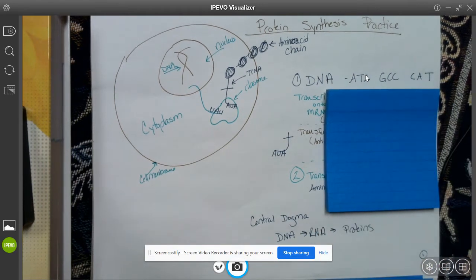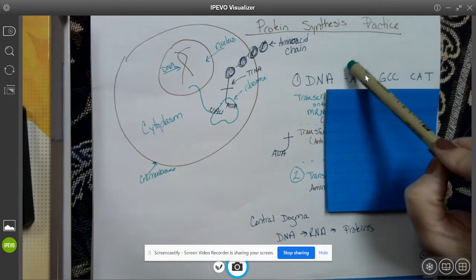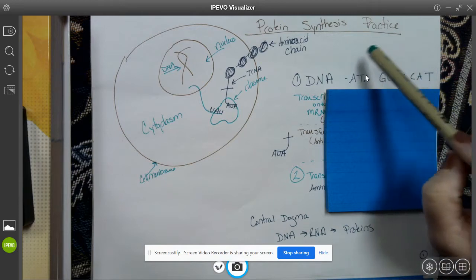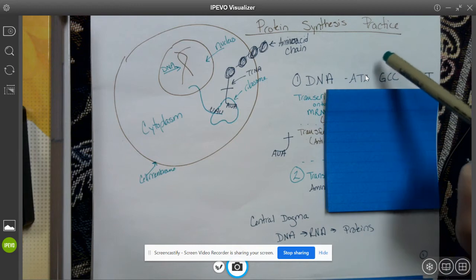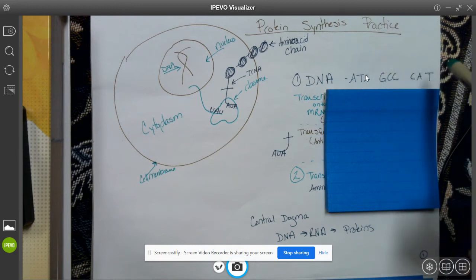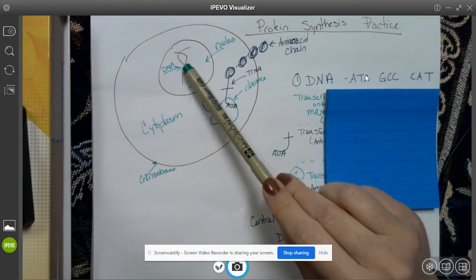First things first, we have our DNA. The DNA is going to read ATA, adenine, thymine, adenine, GCC, guanine, cytosine, cytosine, CAT, cytosine, adenine, thymine. That's the information that's trapped in there on the DNA.